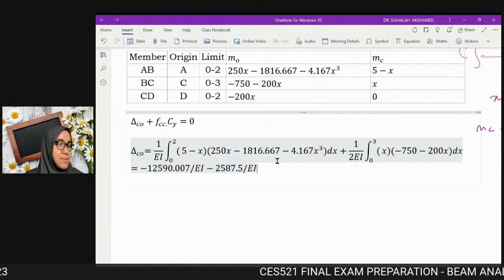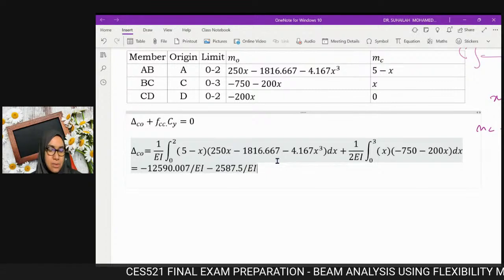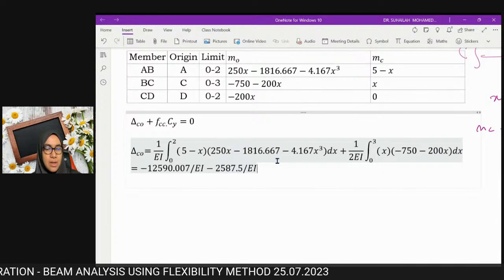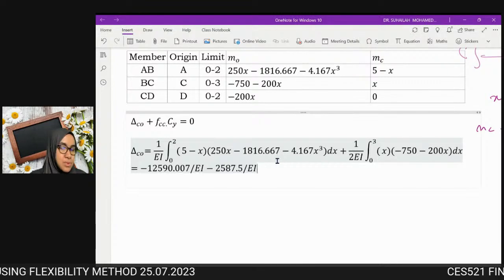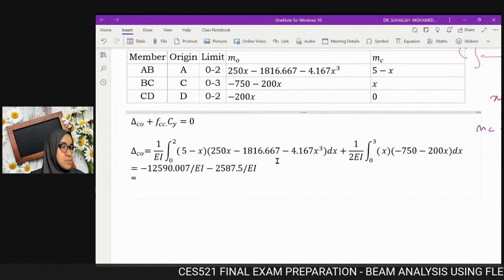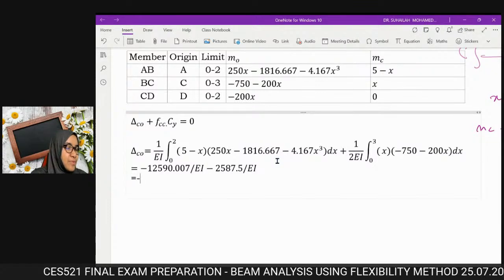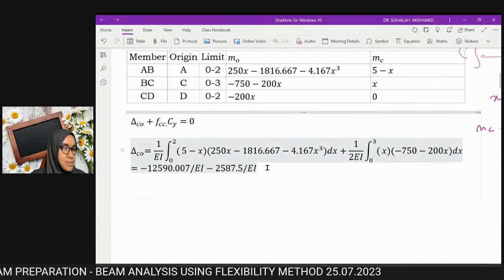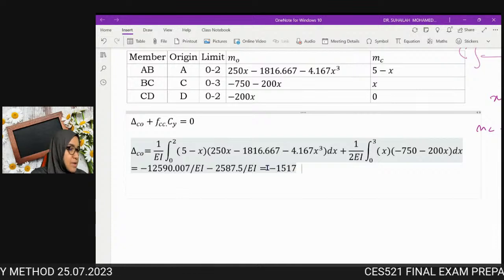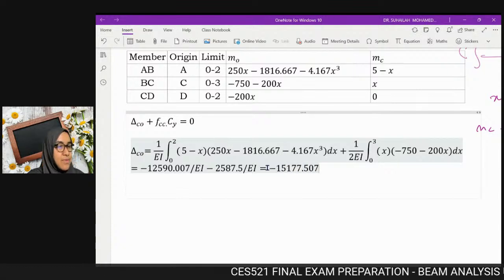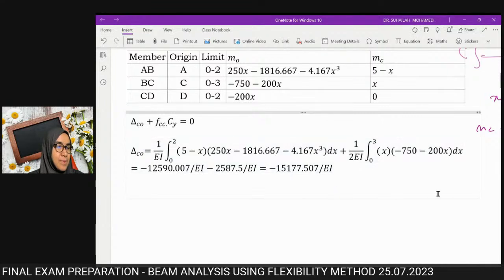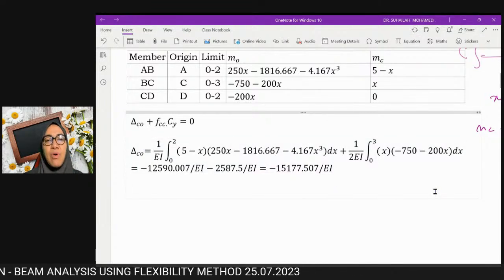So the answer is negative 15177.507 over EI. Okay, so this is the answer for delta C naught.